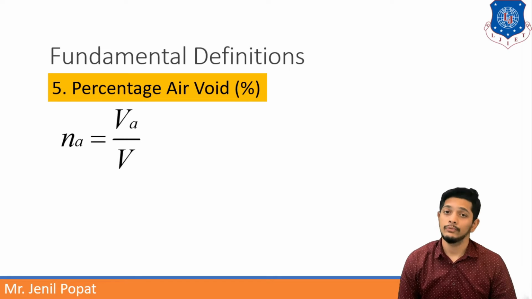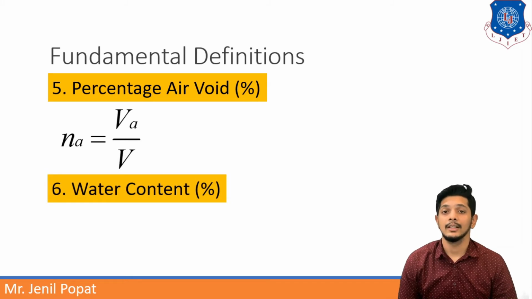When the soil is fully dry, the total voids are filled with air, so na is equal to n, and n is porosity. If the soil is fully saturated, there will be no air and Va will be 0, so na will be 0 whenever the soil is fully saturated.